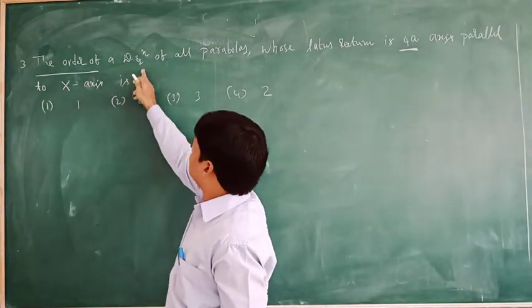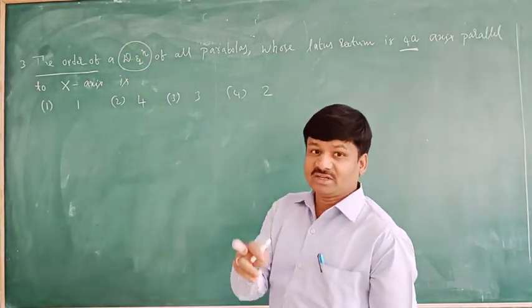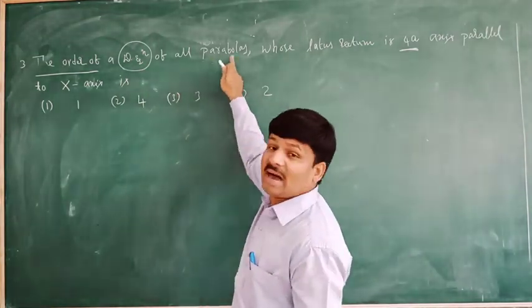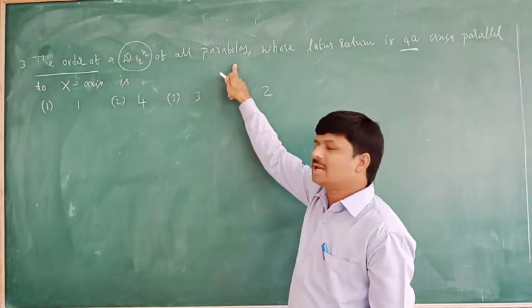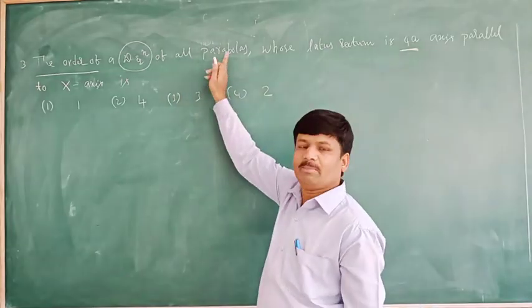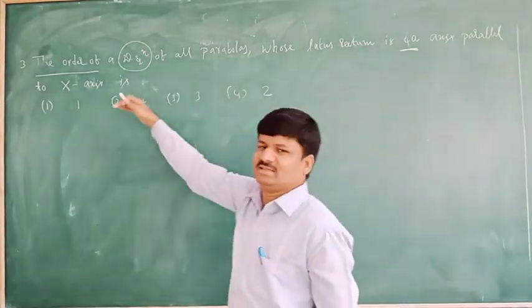Now understand carefully what is given here. The order of some differential equation is asked. How are we getting that differential equation? It is the differential equation of all parabolas whose latus rectum is 4a, axis parallel to x-axis.